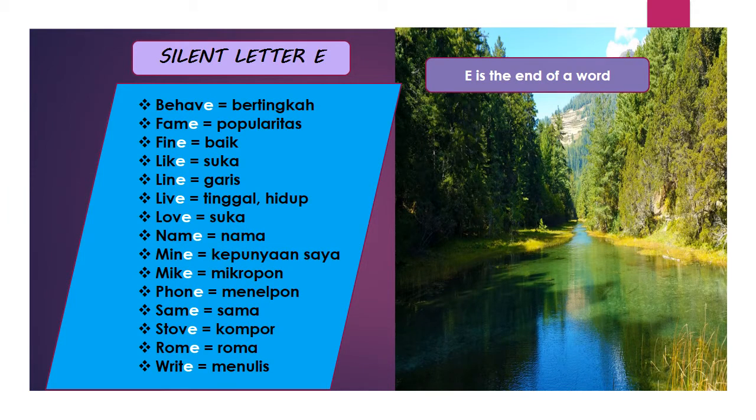Let's look at E. There are lots of silent E's in English. Normally, if an E is at the end of a word, we don't pronounce it. Kita lihat huruf E. Ada banyak huruf E yang tidak dibunyikan dalam bahasa Inggris. Umumnya jika E berada di akhir kata. Like behave, fame, fine, like, line, live, love, name, mine, phone, same, stove.